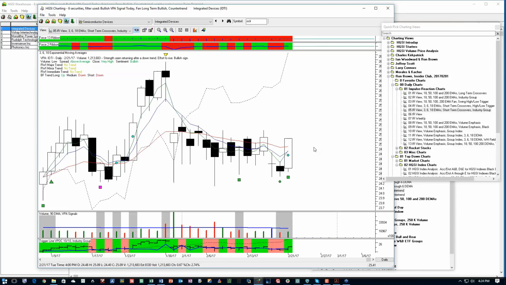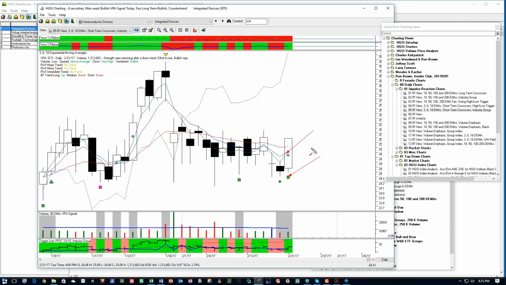Okay? But look at all these VPA flags. What are those VPA flags telling us on IDTI? They're telling us that there are buyers coming in to support this stock. And today, on a very strong market day, it had a good move. Still a ton of resistance here, but look what happened today. The 3 moved back up through the 6. We had a double VPA flag.